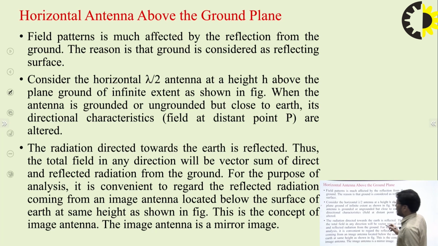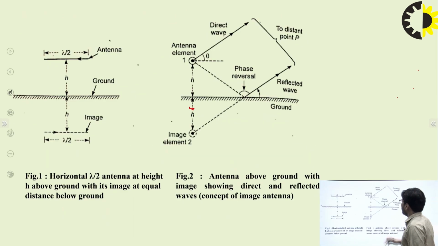As the third statement is written, the radiation directed towards the earth is reflected, thus the total field in any direction will be the vector sum of direct and reflected radiation from the ground, which I already discussed from the figure as well.